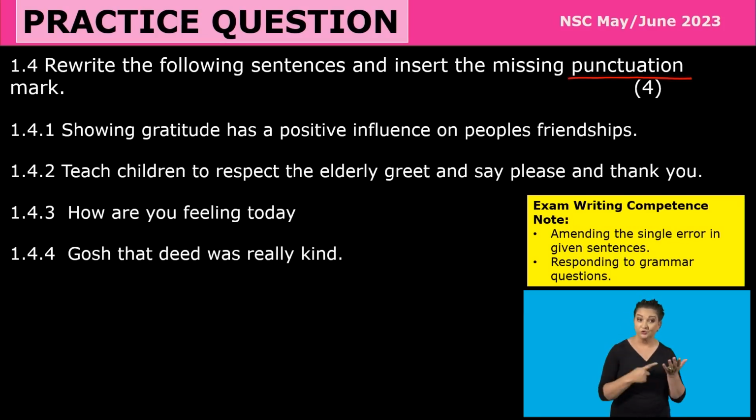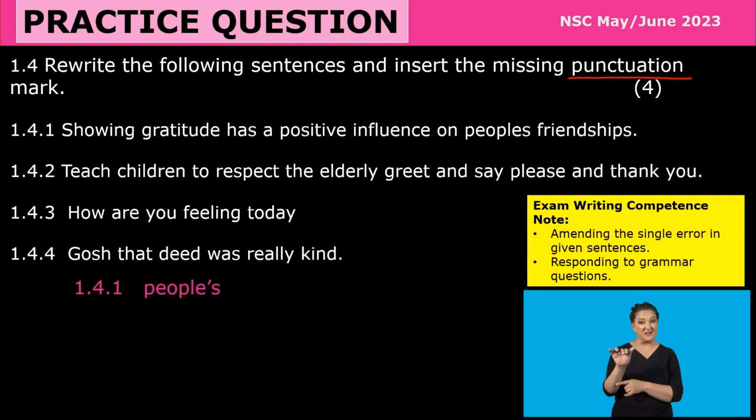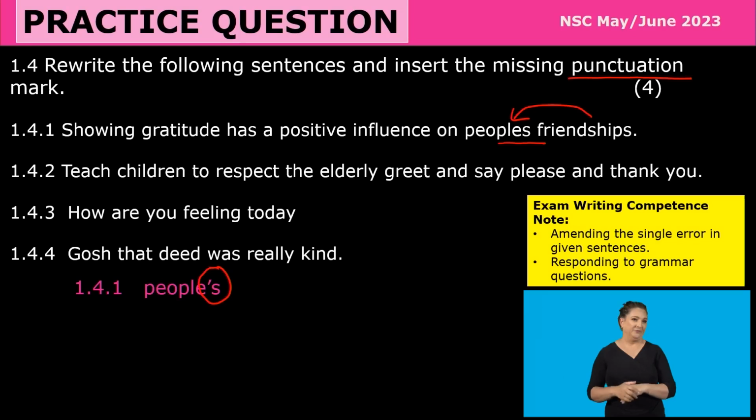Showing gratitude has a positive influence on people's friendships. All right. Now, if you look at your response, you can see the word people's. We've included an apostrophe to show that these people have friendship. All right. So it's showing the possession there using the apostrophe.